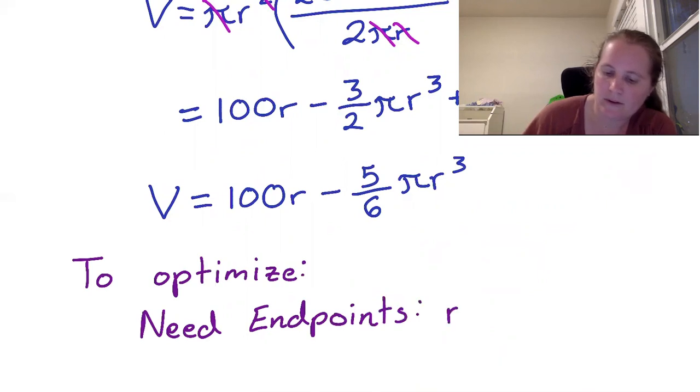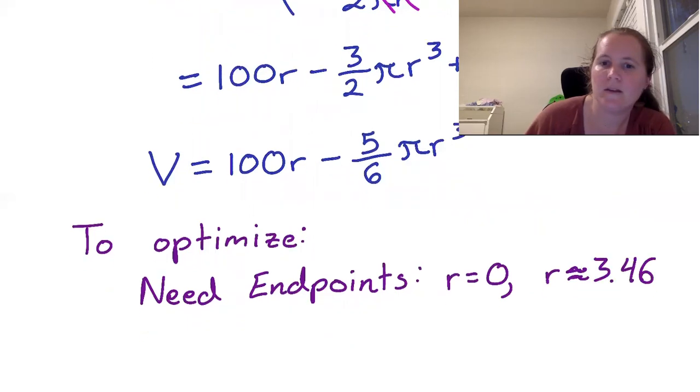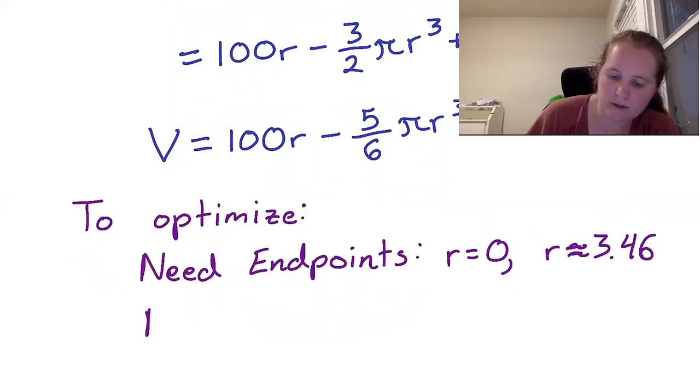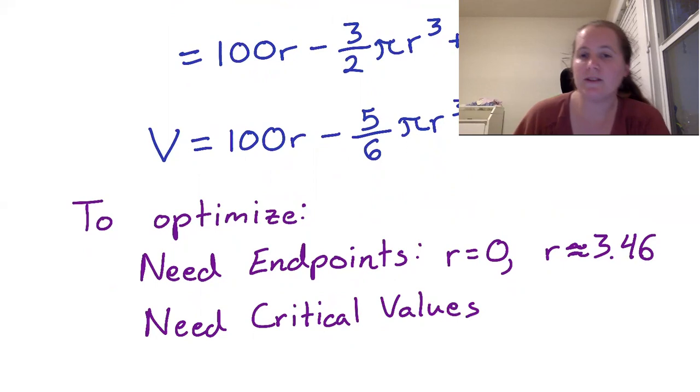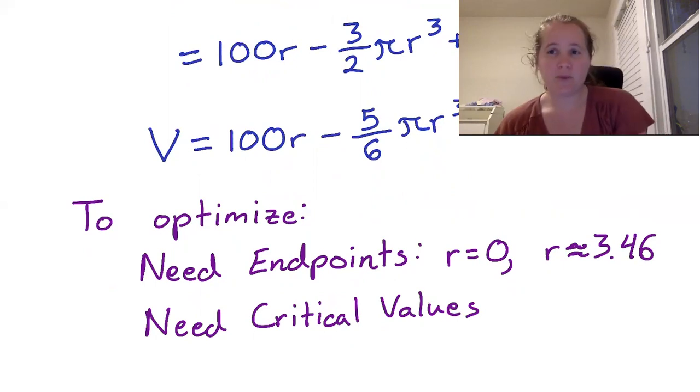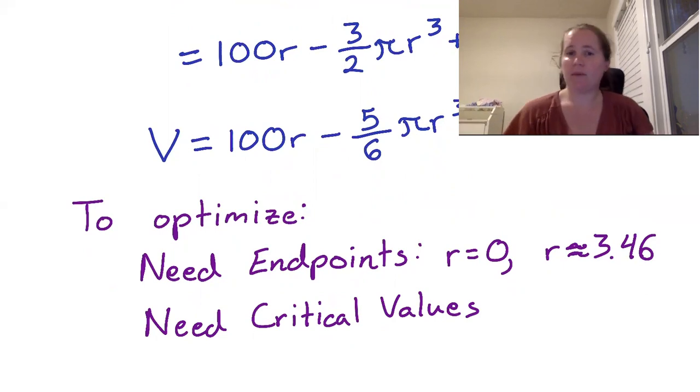So those were r equaling 0 and r equaling approximately 3.46. And we also need critical values. So everything before this point was set up. At this point, we're back down to chapter 3 now, just doing our optimization on a closed interval.